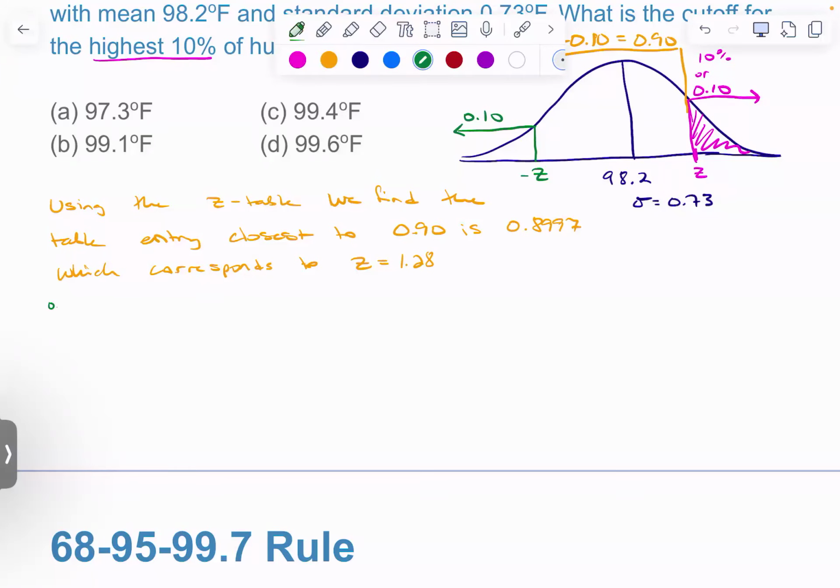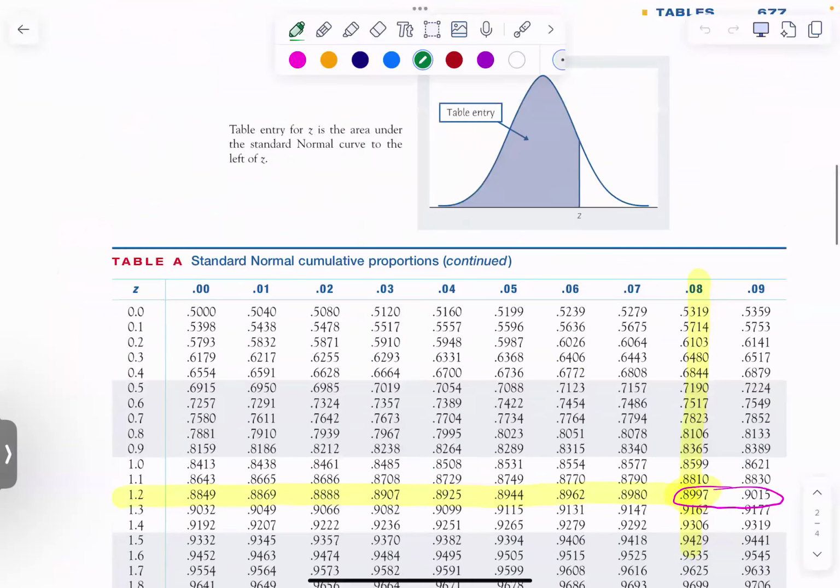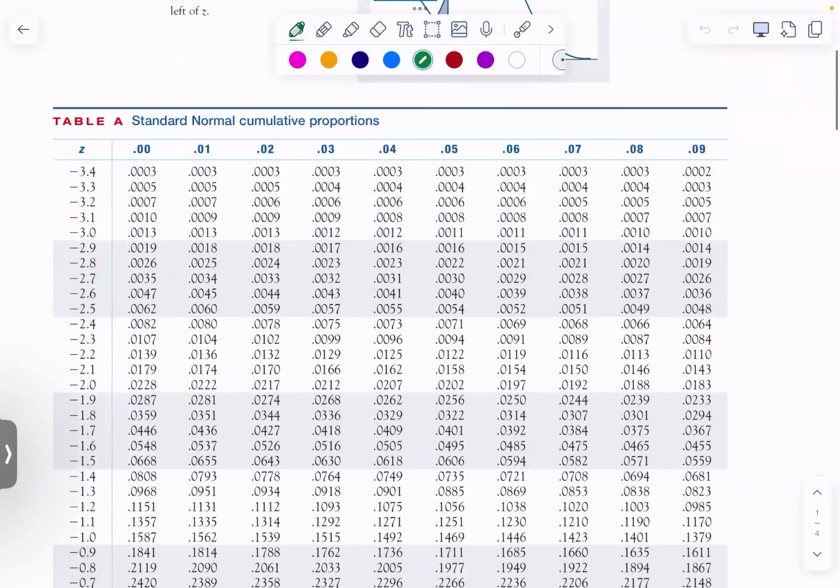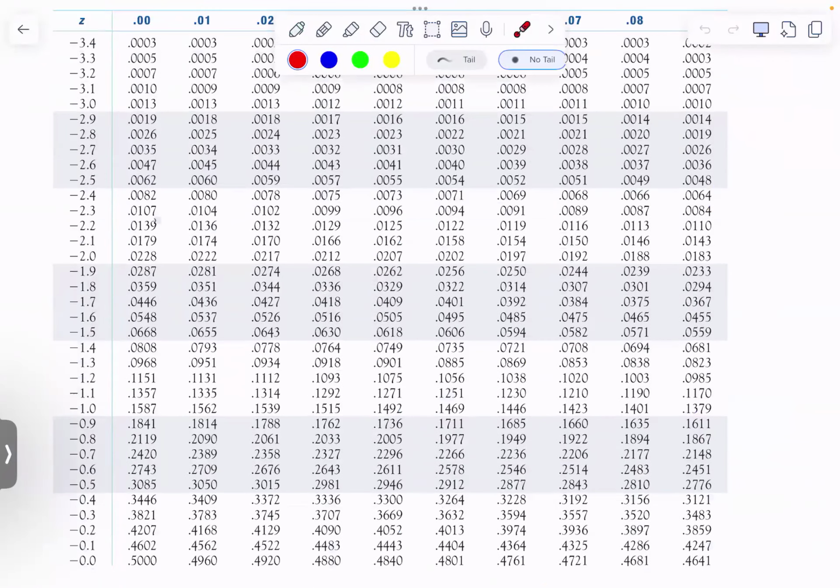Or you could say, using the Z table, we find the table entry closest to 0.10 is, let's do it for some extra practice. 0.10 is going to be on the negative side, and I'm cruising around here. 0.10, 0.10.